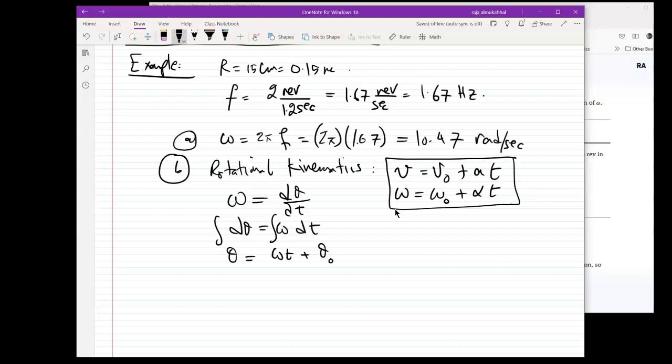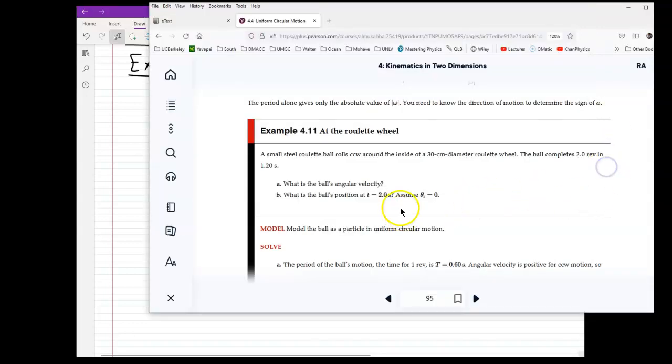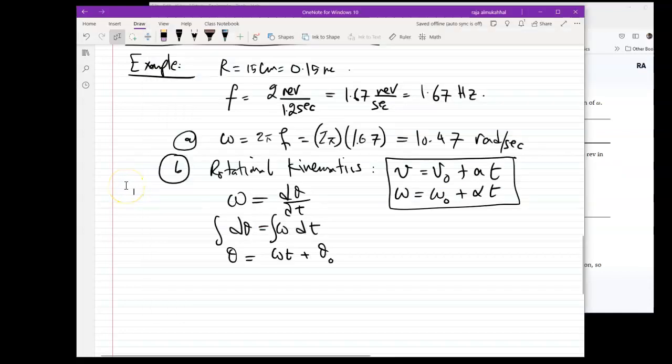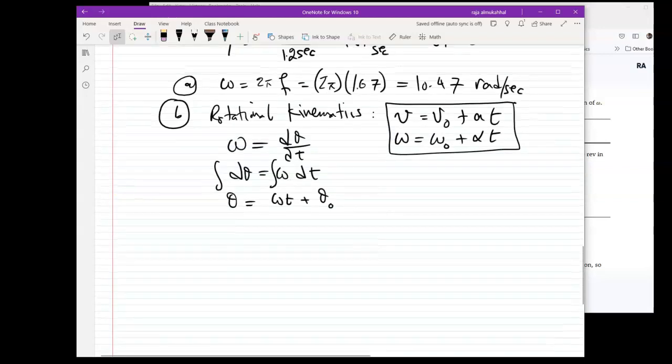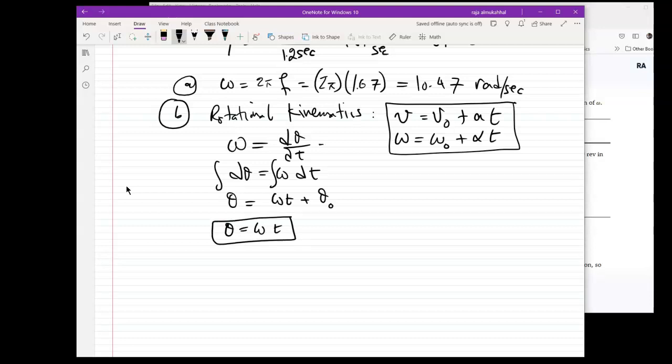He says in the problem that theta initial is 0. So in this case we have theta equals omega t. Another easy way to see it is omega equals theta over t.